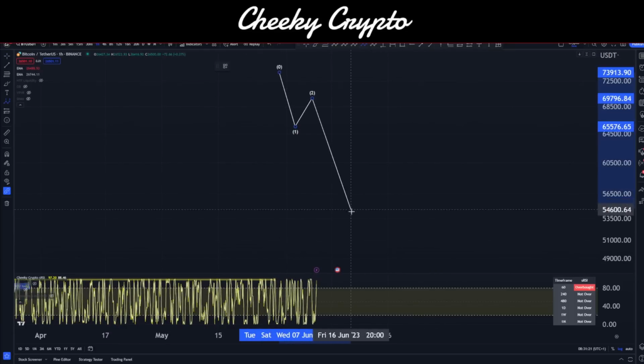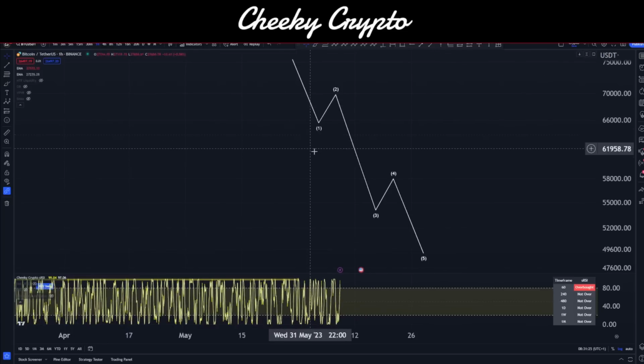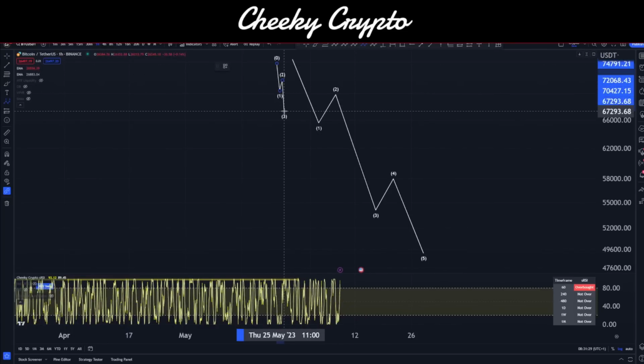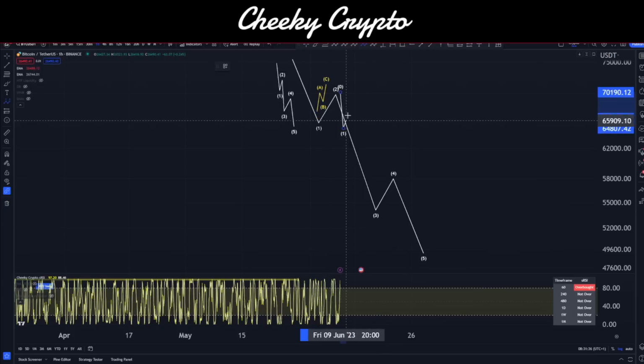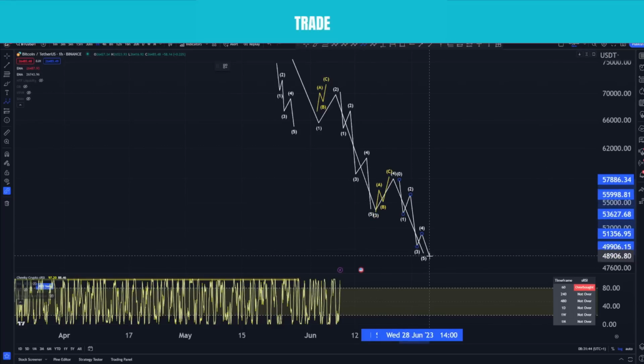In a 5-wave pattern, whether it is up or down, there are 5 waves, right? And they consist of 5 waves in wave 1, 3 waves in wave 2, a 5-wave structure for wave 3, a 3-wave structure for wave 4, and a 5-wave structure for wave 5.